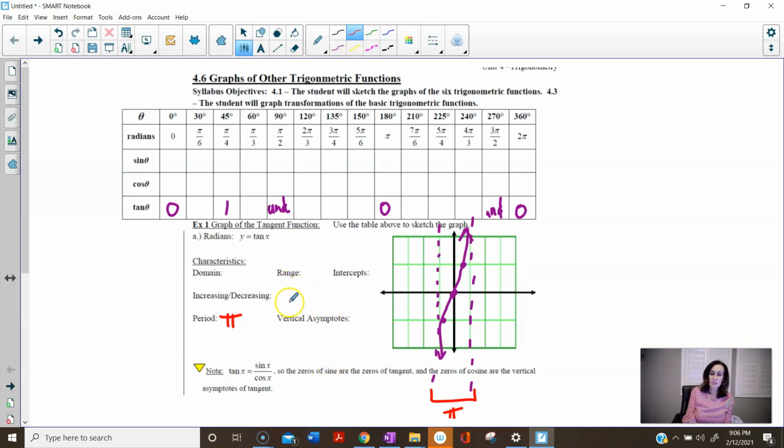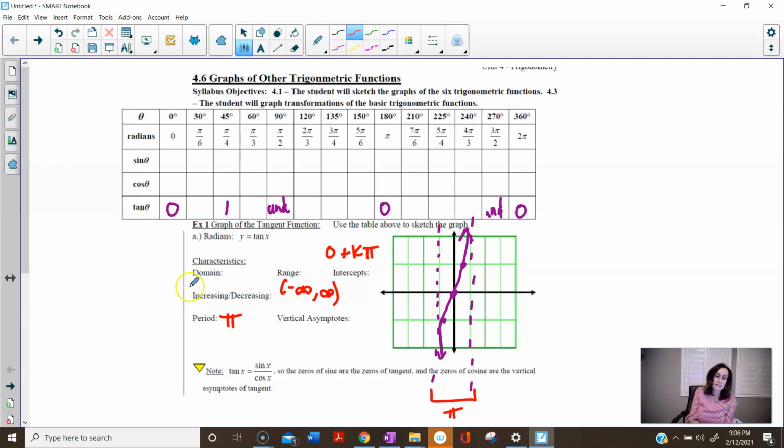The range is going to go down forever and up forever. The intercepts are going to be at 0, and that's going to be every pi units. The domain is basically all real numbers except for where these asymptotes are. So there's different ways to write the domain.